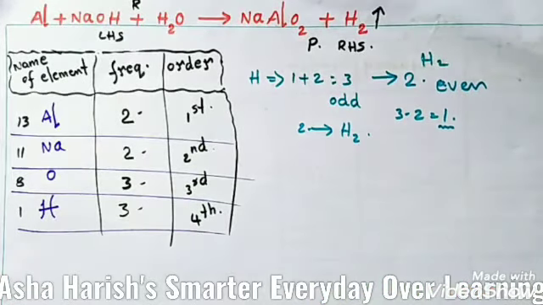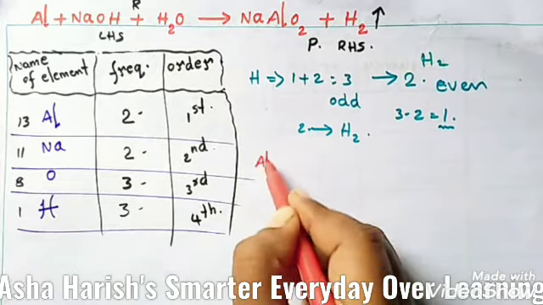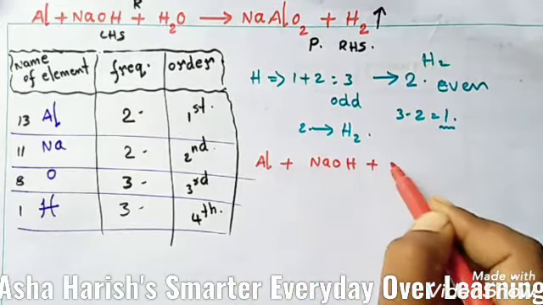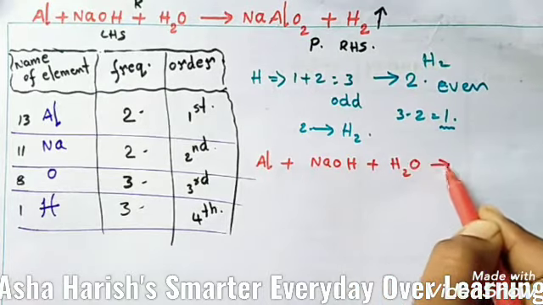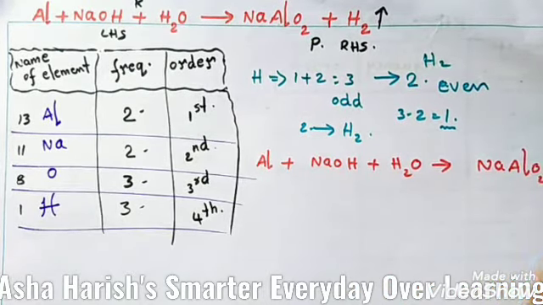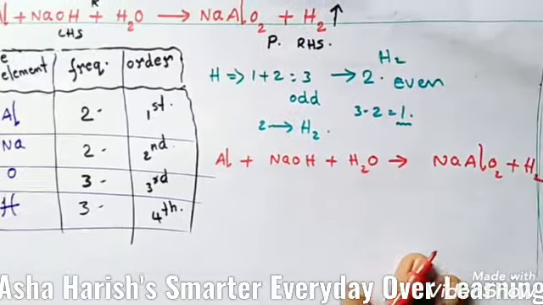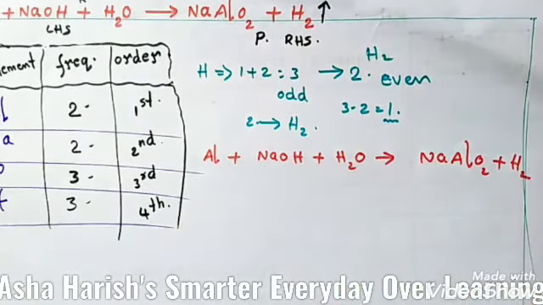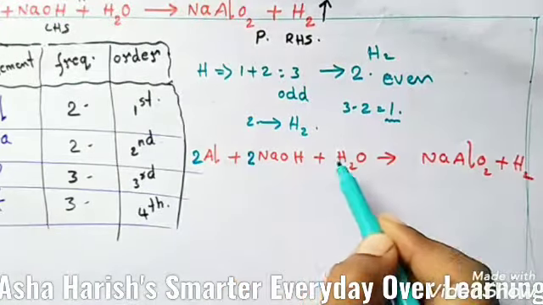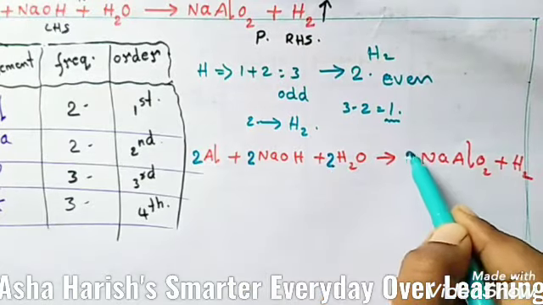Now the same equation I'm going to write here: aluminium plus NaOH plus H2O gives rise to NaAlO2 plus H2. This is the chemical equation what we have here. Now if you multiply these reactant side and the product side, just simply you can write here 2 and here also 2, here also 2.